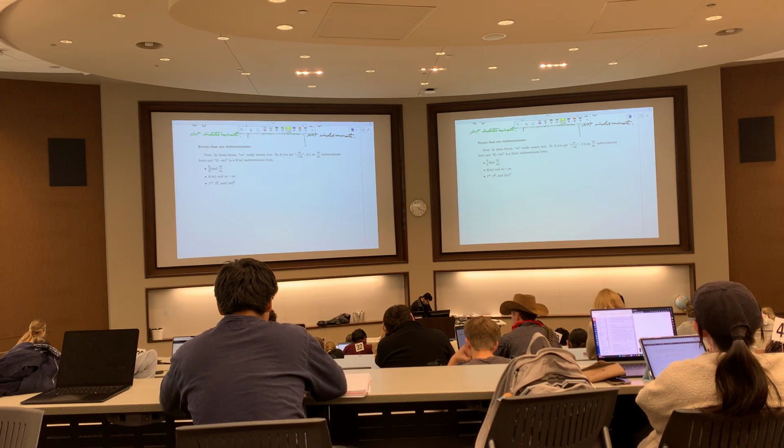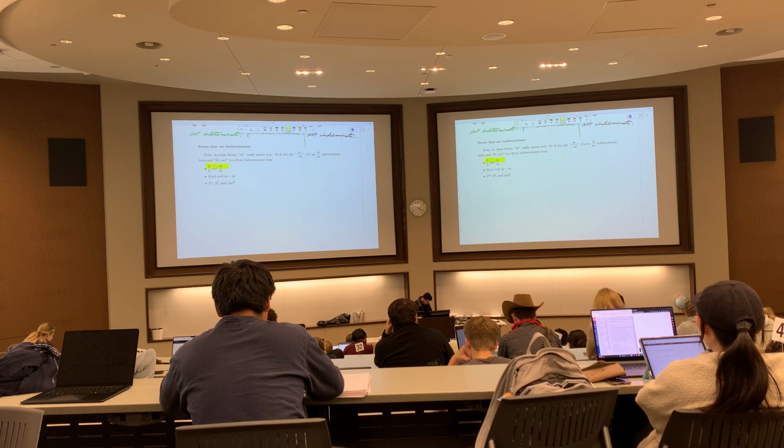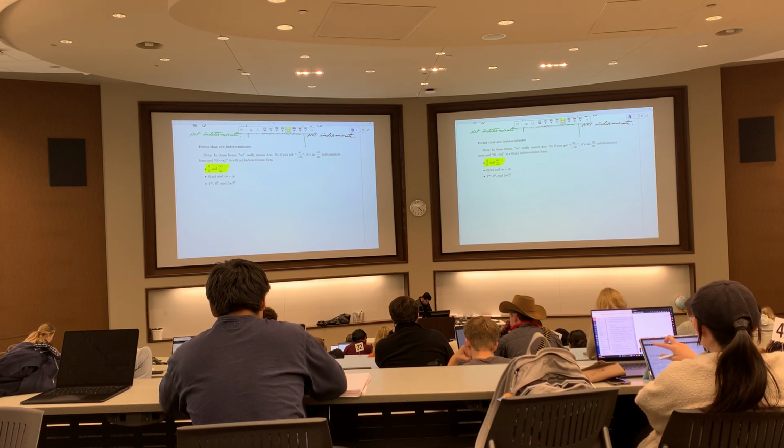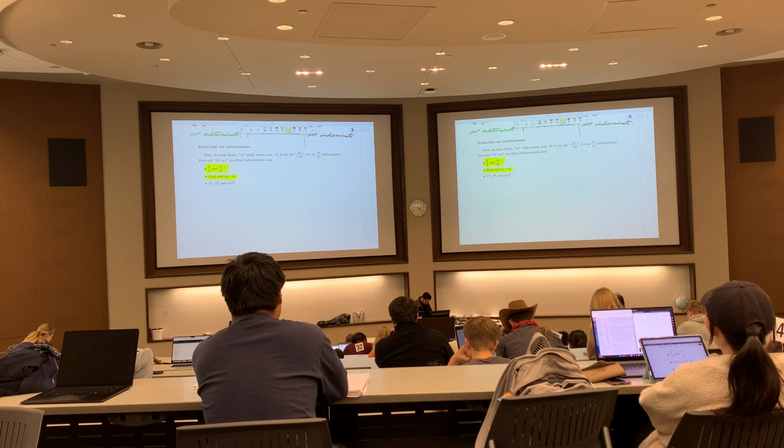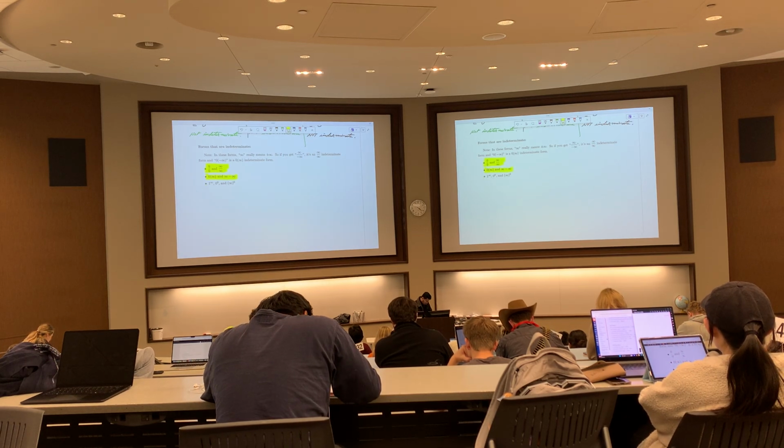These are the indeterminate forms: 0 over 0, 0 times infinity, infinity minus infinity, 1 to the infinity, 0 to the 0, and infinity to the 0. These are all indeterminate forms.